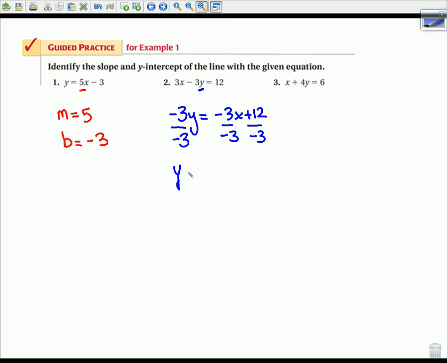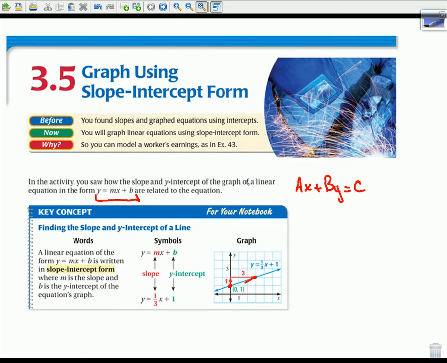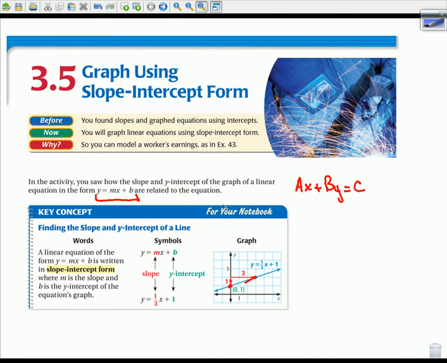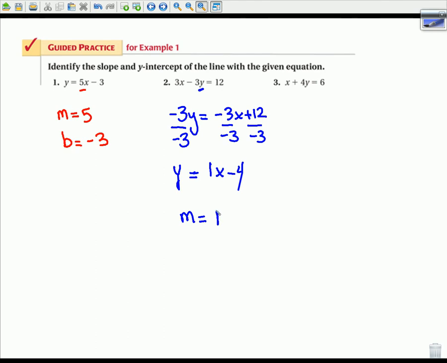So y equals positive 1x, or just x, minus 4. So my slope is the 1, and my y-intercept is -4.